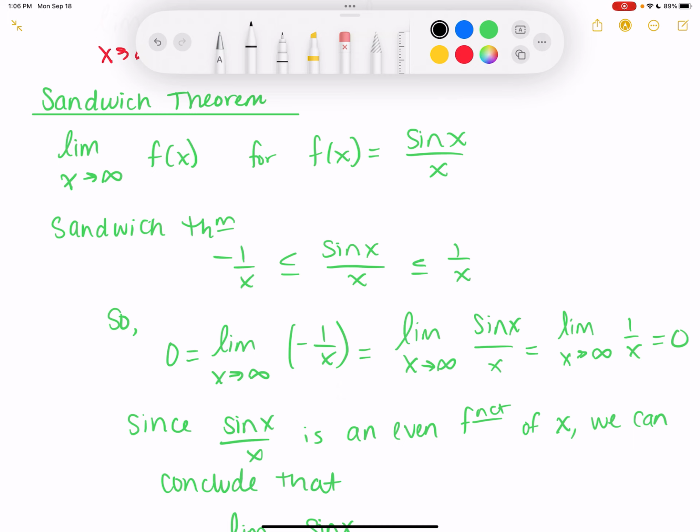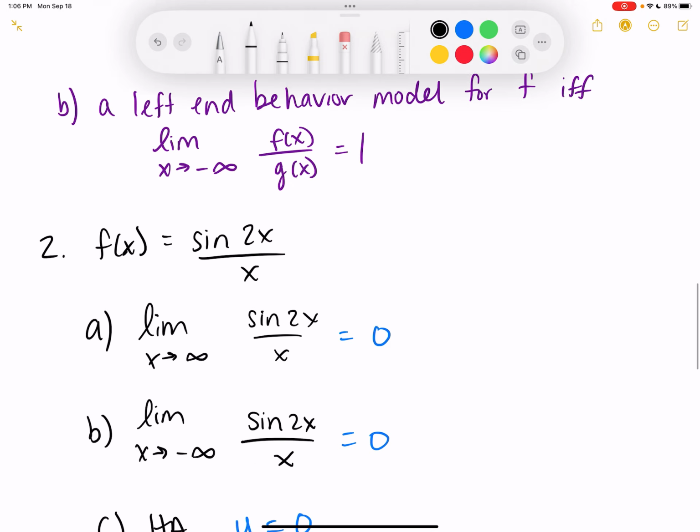Don't really worry about the y. So essentially we're finding the limit at infinity here and here, for the negative 1 over x and the 1 over x, and seeing what that's equal to. And we're being told that the middle part should be the same thing.